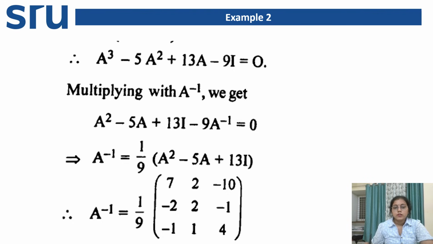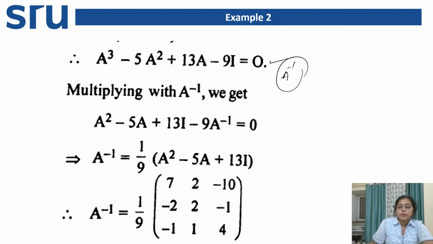So now this is your characteristic equation. For that characteristic equation, in the place of lambda, you have to put A. So you get this equation. Now you have to multiply by A inverse in this equation.